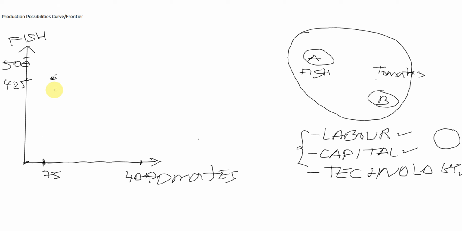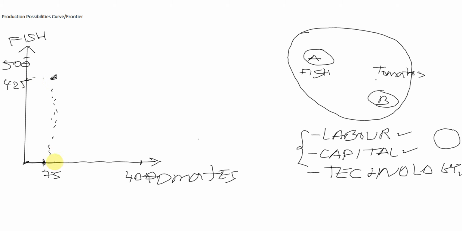This is not accurate, but you can see that this is where the production point is. So this would be 425 tons of fish and 75 tons of tomatoes.